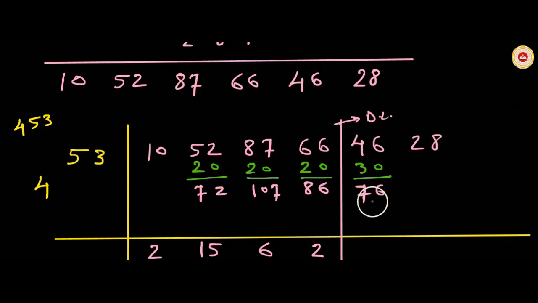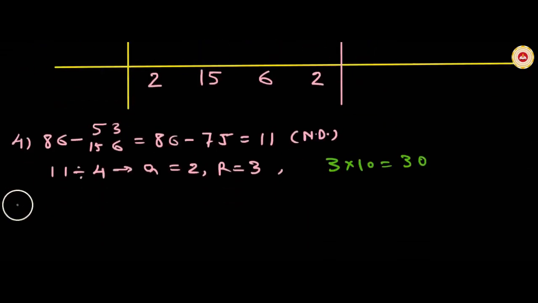76 is the next gross dividend. So let us calculate the net dividend. Step number 5: 76 minus what to subtract?